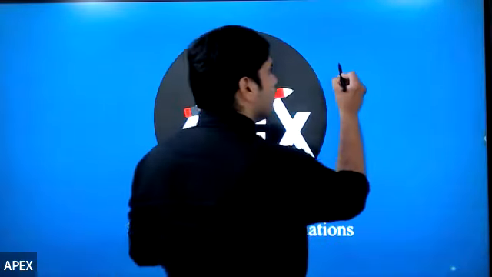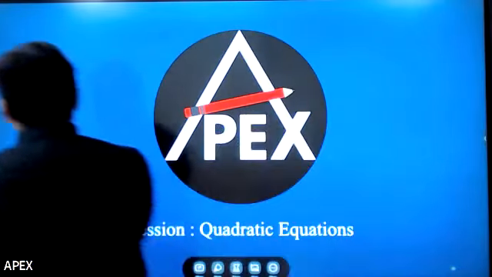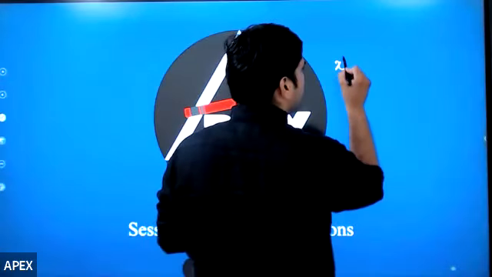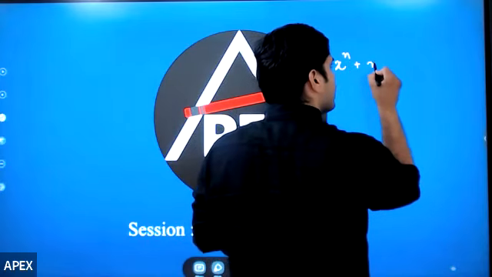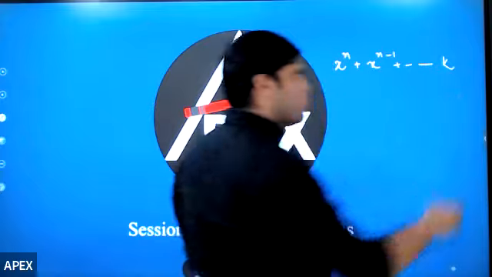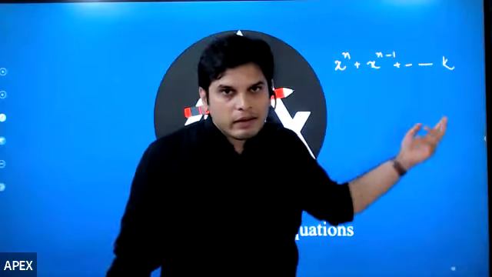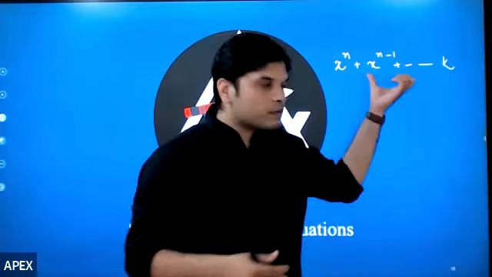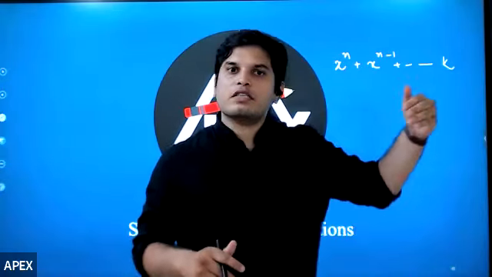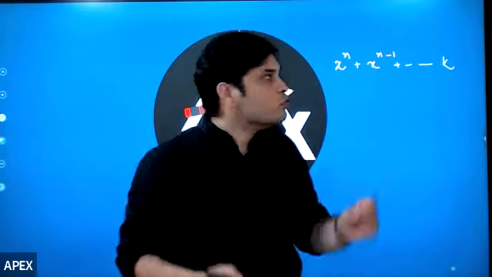Any expression in the form x power n plus x power n minus 1 plus so on till some constant term. This is called as an nth degree polynomial, this expression. Now, quadratic expression is a polynomial where the highest power of x in that polynomial is 2. So here the value of n is 2.